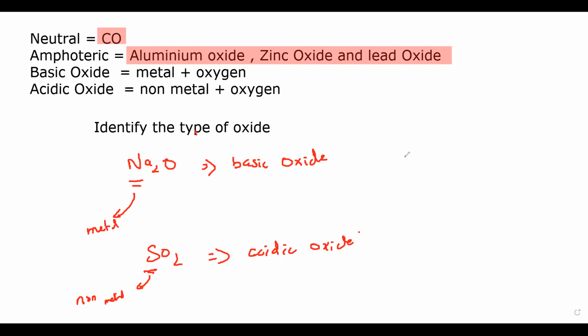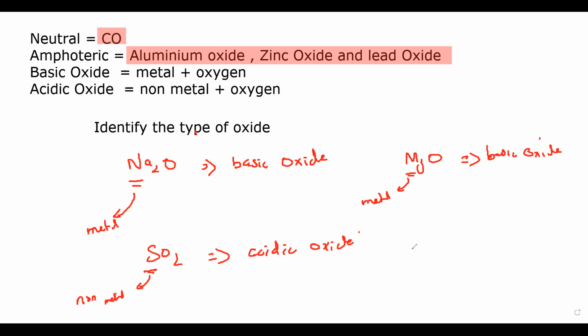Another example, if I say I have magnesium oxide. So what kind of oxide is magnesium oxide? It does not belong to amphoteric or neutral. So magnesium is a metal. So what kind of oxide is this? If it's a metal, it will be a basic oxide.